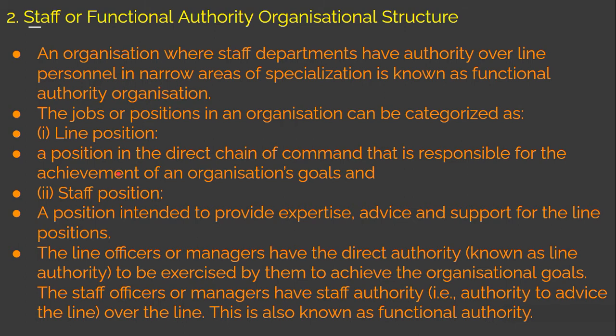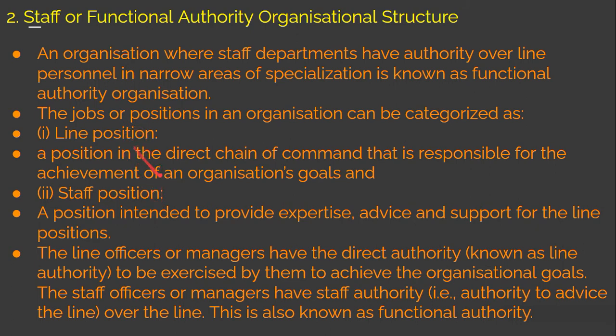Now, apart from the line position, the staff position is created when the activity is becoming more, when the scale of operations is increasing. They require specialized staff who discharge responsibility and who give their expert advice. So a staff position is intended to provide expertise, advice and support for the line position, where line officers are overburdened.